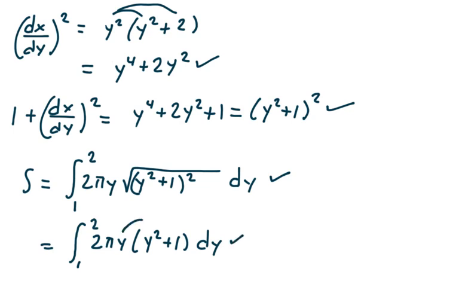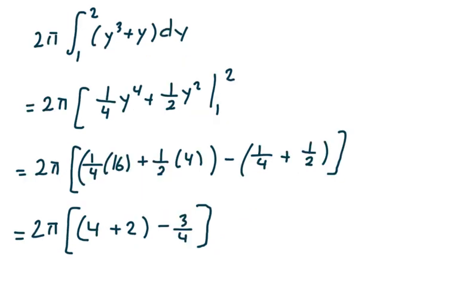Now what I want you to do is distribute that y inside. And we get 2 pi times the integral from 1 to 2 of y to the 3rd plus y dy, which is 2 pi times the quantity 1/4 y to the 4th plus 1/2 y squared, evaluated from 1 up to 2.